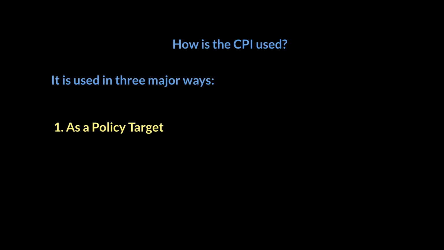So the idea goes this way: it is a very important policy target, and we need to make sure we calculate it correctly and also in a timely manner, in order to make sure we are able to solve an economy's problem of inflation.